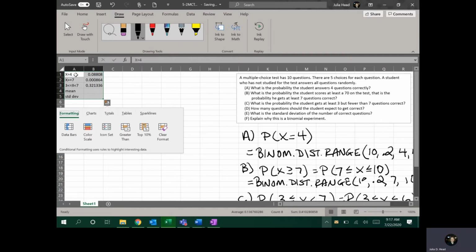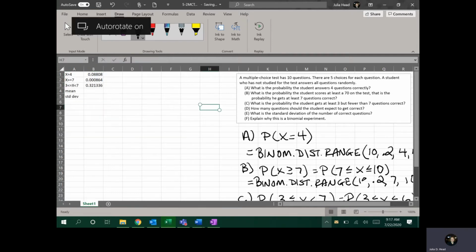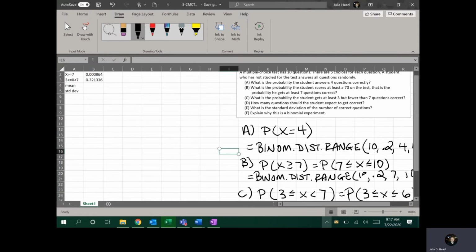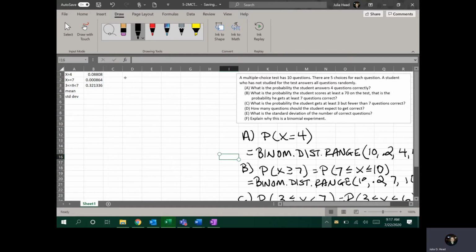Now we could create a probability distribution and then use our formula from 5-1 to find the mean, but that is definitely the hard way. For binomials, the easier way is to remember that the mean is n times p, or in this case 10 times 0.2, or 2 questions correct.